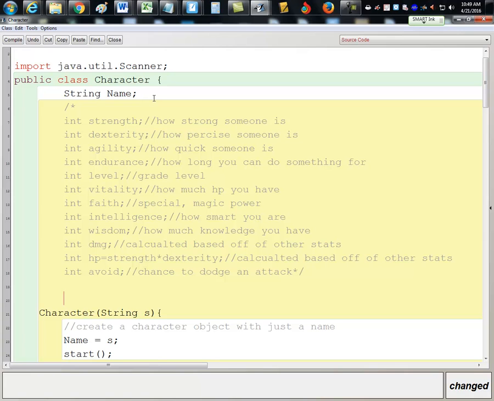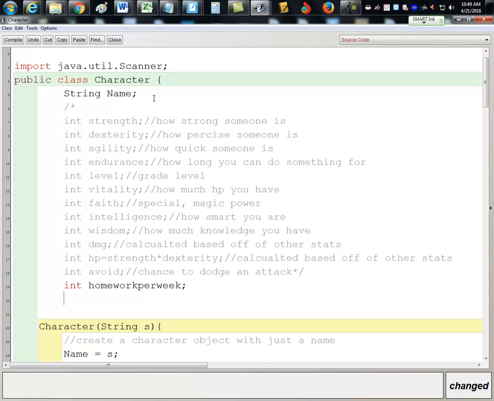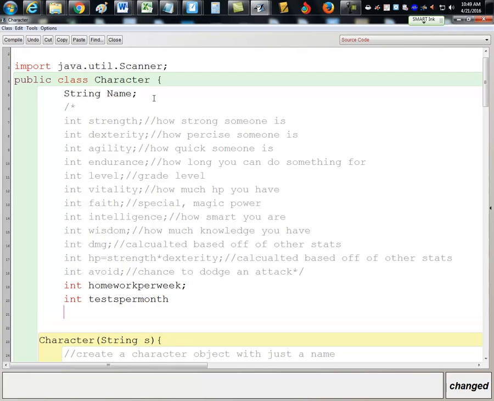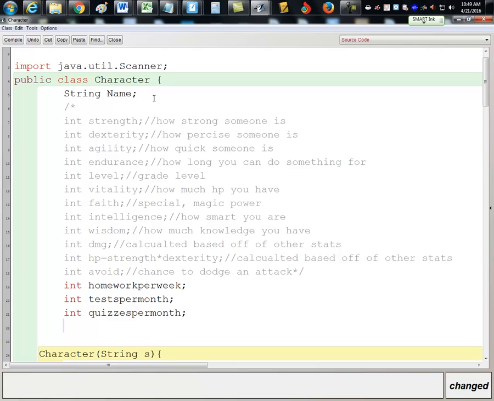So my stats for my teacher would be: I have my name, I have my int homework per week, I have my int tests per month, and my int quizzes per month, and I have, what else? How else do you judge a teacher? Int cool factor, int age, int headaches.